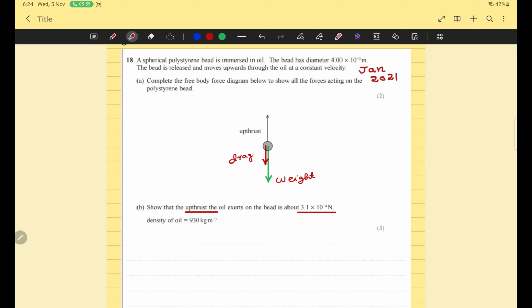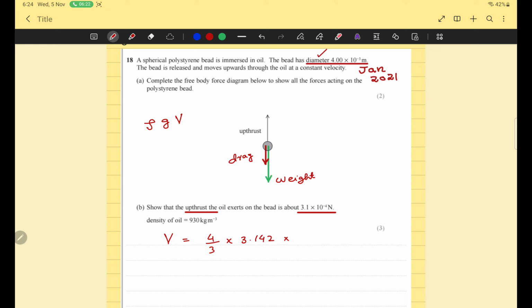So what did I do? We are calculating upthrust. The equation of upthrust is rho g volume. We are not given the volume, we are given the diameter. So we should first calculate the volume of a sphere, which is 4 upon 3 pi r cube.